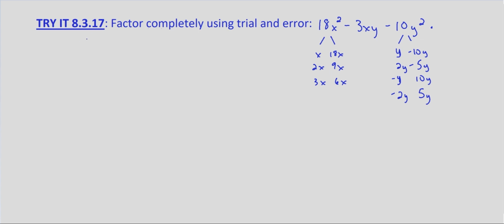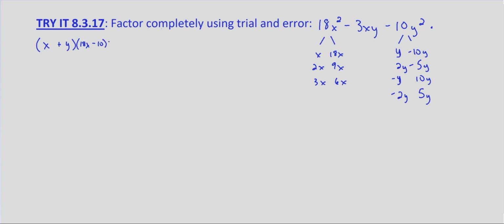So first we'll look at 18x, so x and 18x. We'll go with first and first, so x plus y times 18x minus 10y.